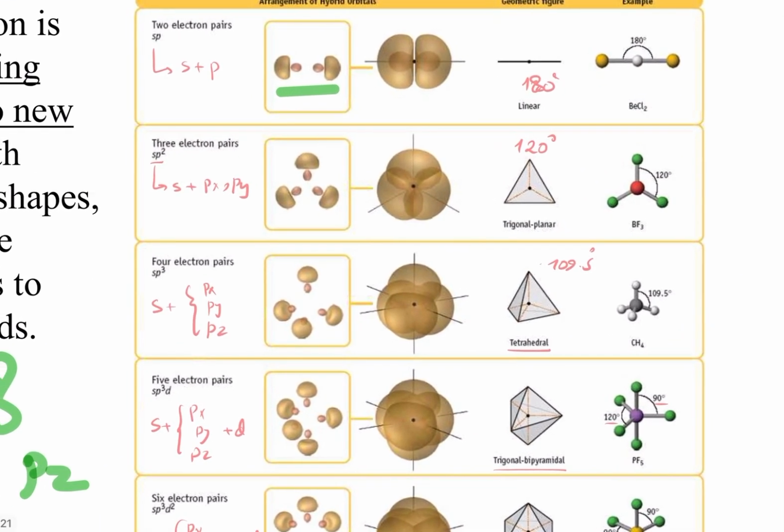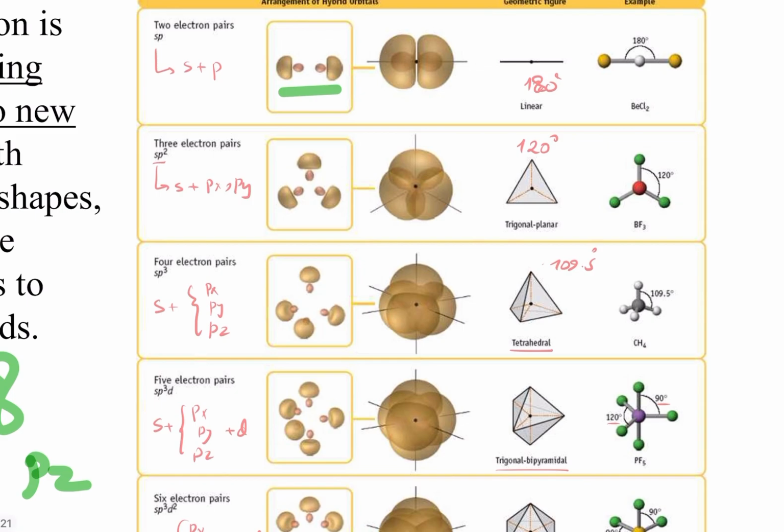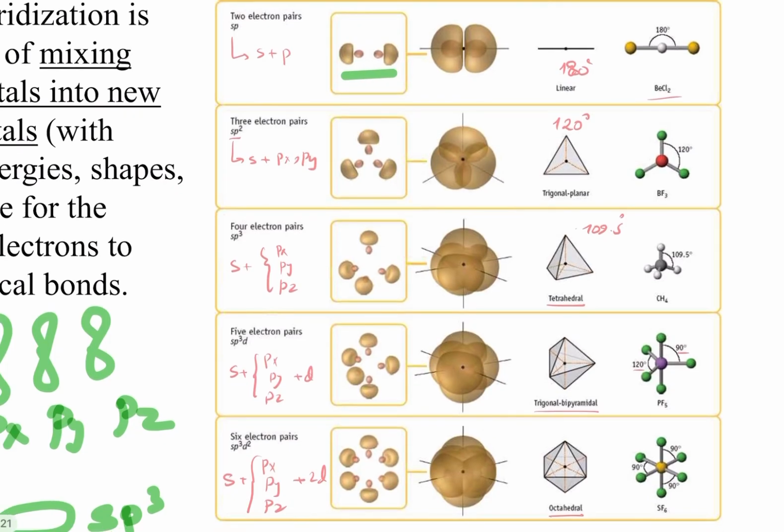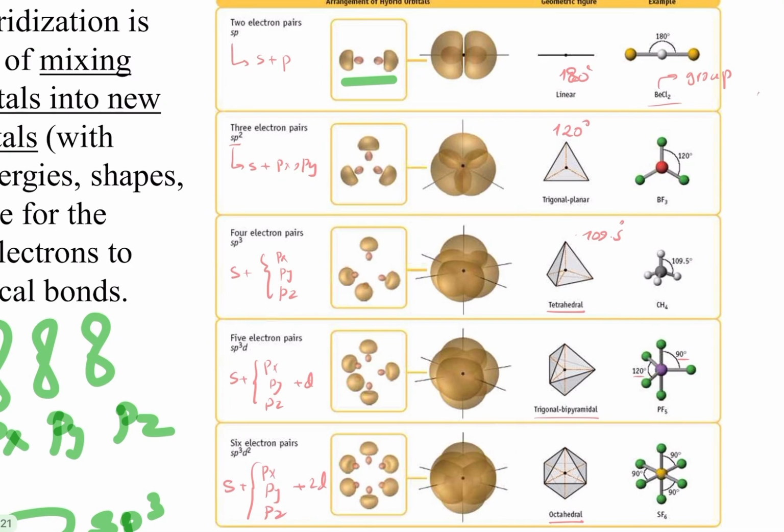For linear, we can see beryllium chloride here. Beryllium is group 2, and it has 2 electrons in the last valence shell, and we can make a bond with the 2 chlorides here, and the angle is 180. BF3, boron is group 3, and we can make 3 bonds.